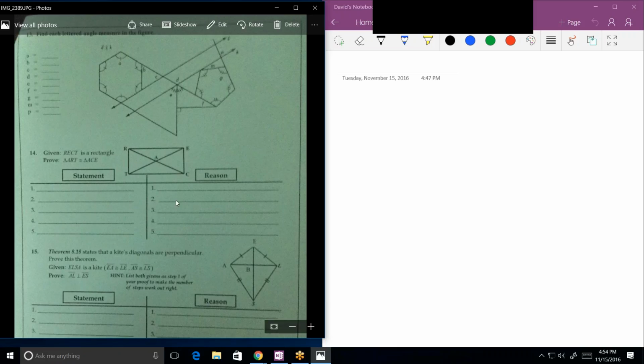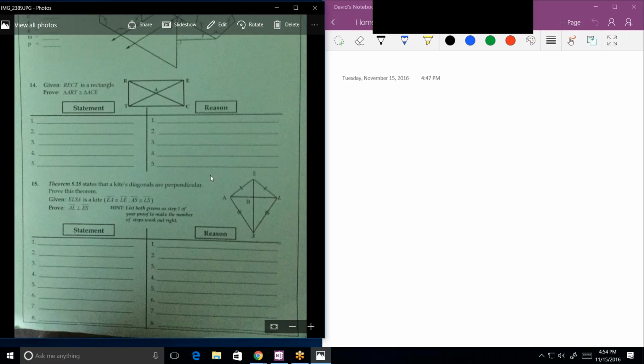All right. Should we take a look at 15 real quick? It really helps when you're doing these 2-column proofs to know how you're going to do it in your head, almost in paragraph mode. And if you can figure that out first, then the rest of it kind of follows.